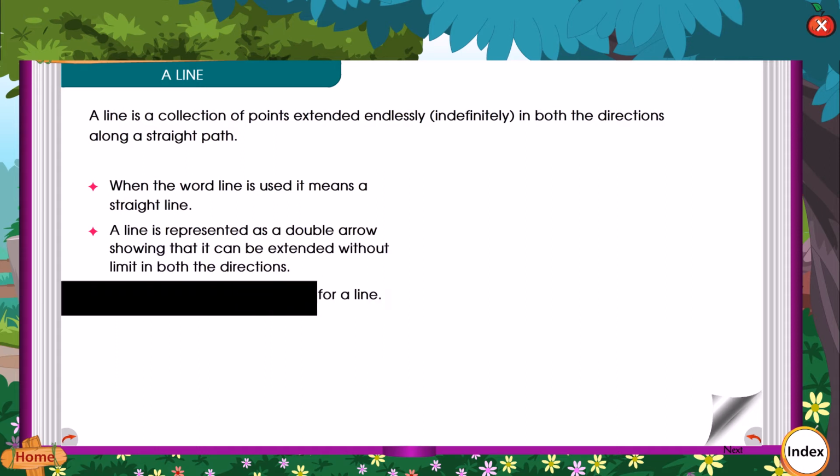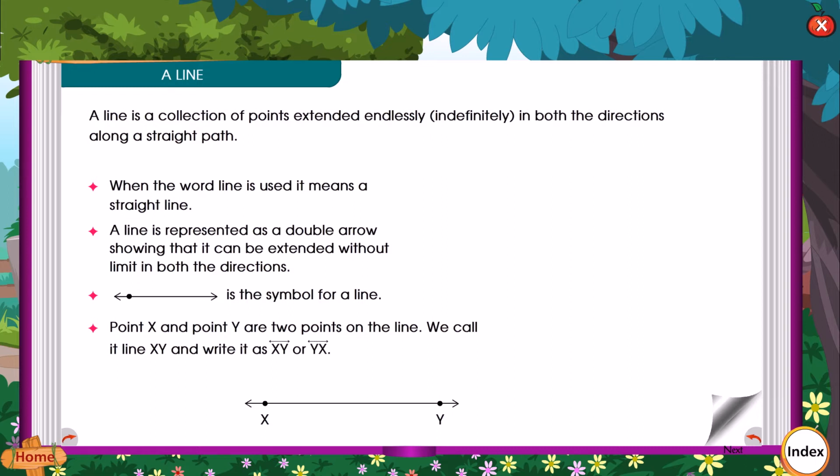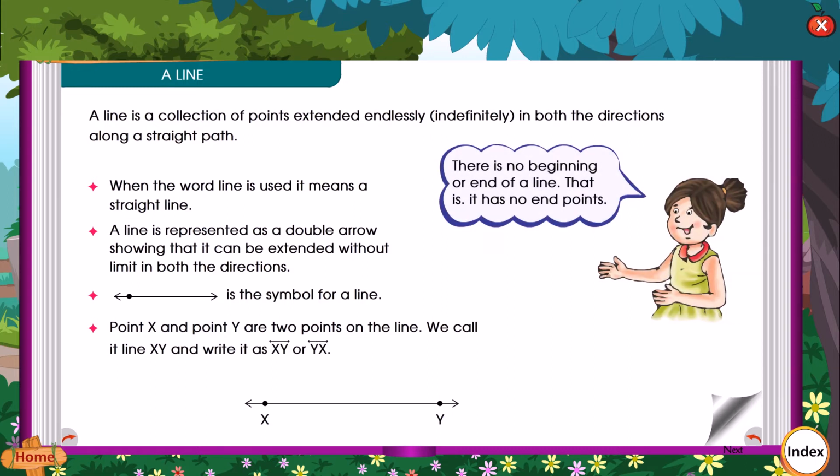Point X and point Y are 2 points on the line. We call it line XY and write it as XY or YX. There is no beginning or end of a line. That is, it has no end points.